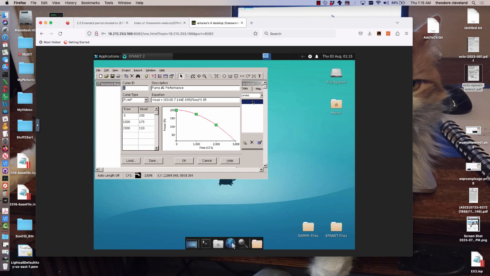Looks like shutoff is 200, and at the far end the flow is around 100.